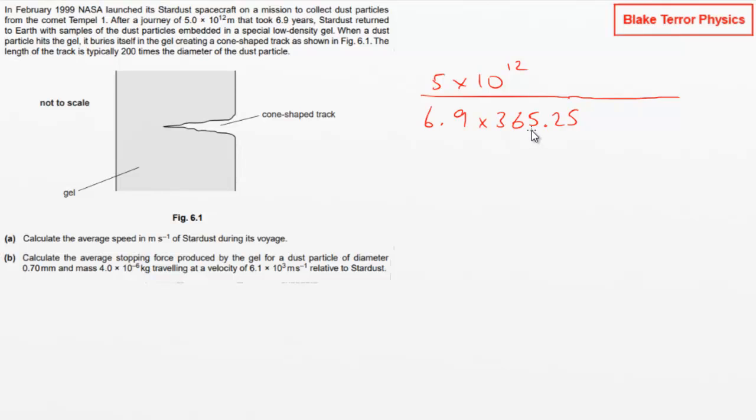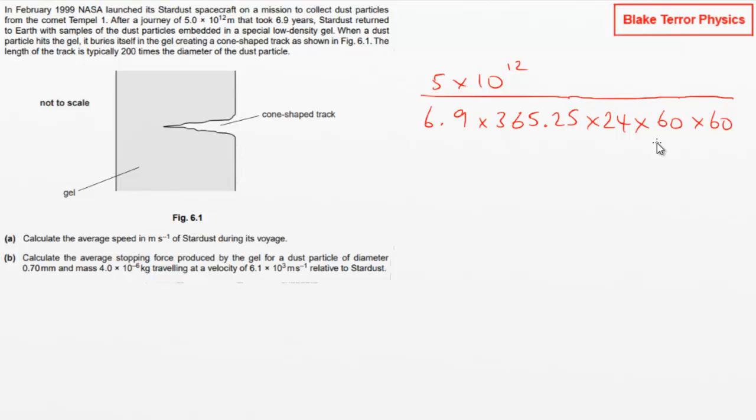So that's the number of days we've got, multiplied by 24 hours, multiplied by 60 minutes, multiplied by 60 seconds. So yeah, a lot of annoying numbers. So they might actually give you that number of seconds in a year in the formula booklet. I can't remember nowadays. So 6.9 times 365.25 times 24 times 3600 is that.